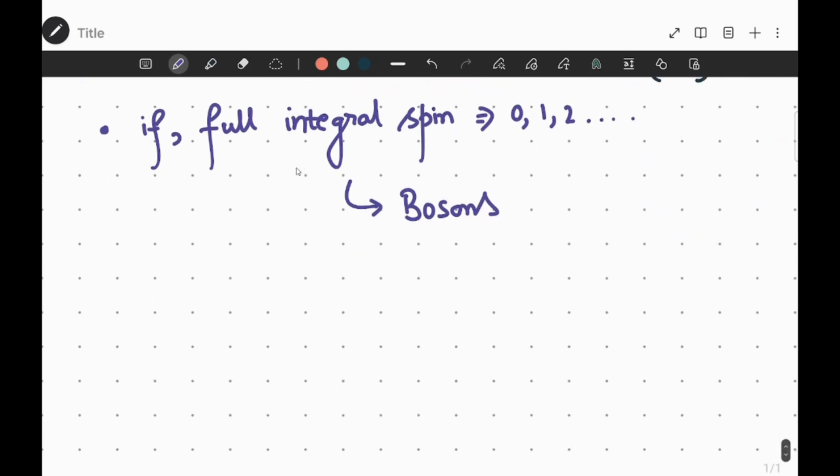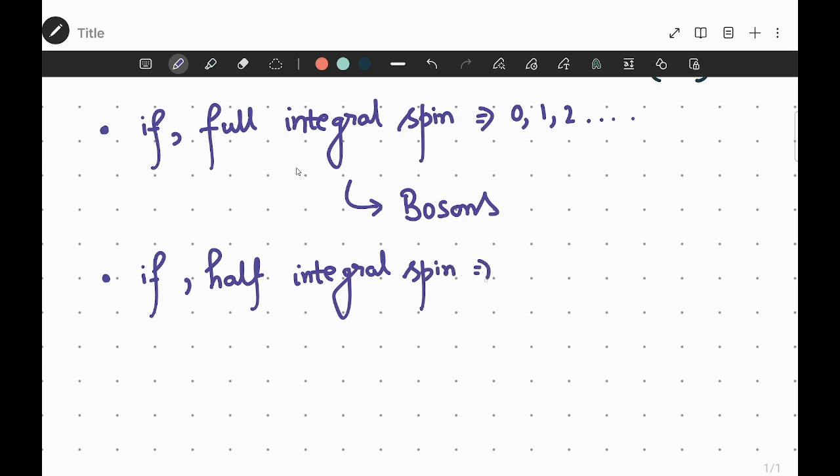I'm just repeating these things. Or if it is half integral, like 3/2, 5/2, obviously plus or minus, then it will be called a fermion.